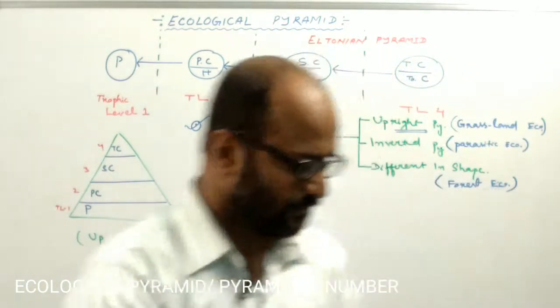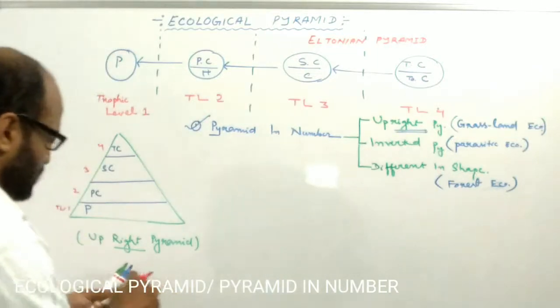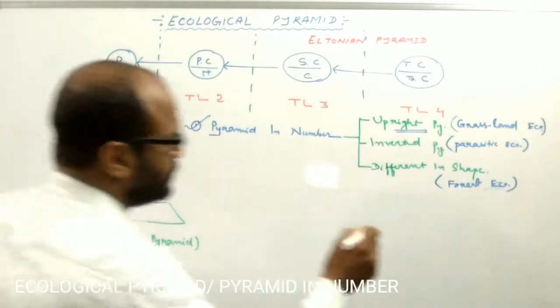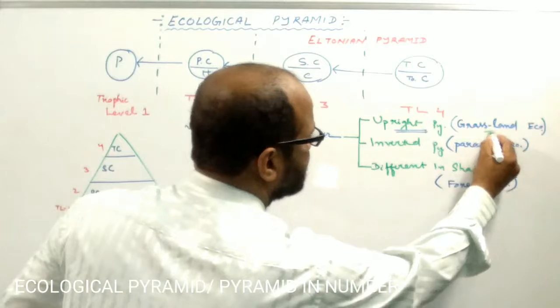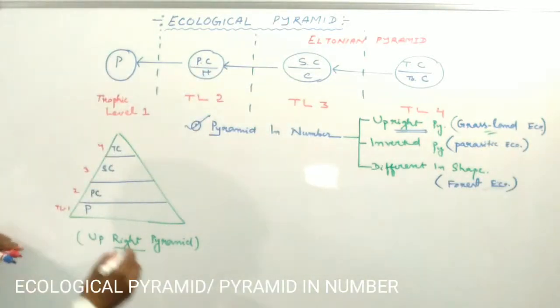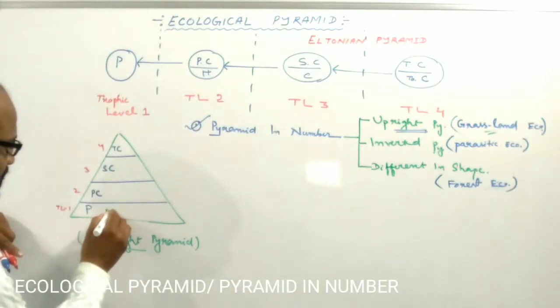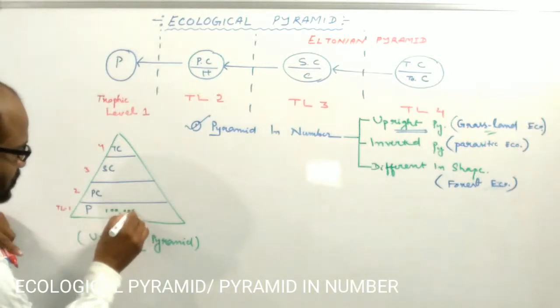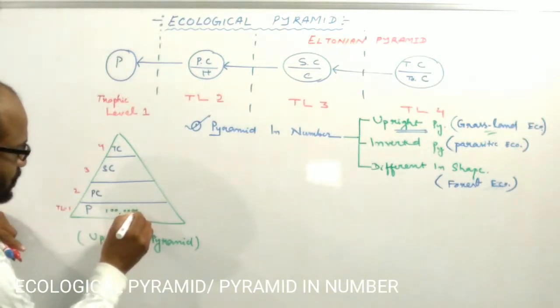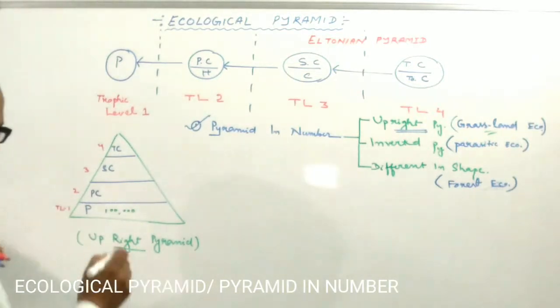For example, in the case of grassland, thousands and thousands of grasses are there. Suppose that there are 1 lakh grasses here.